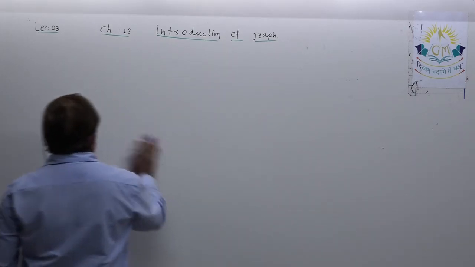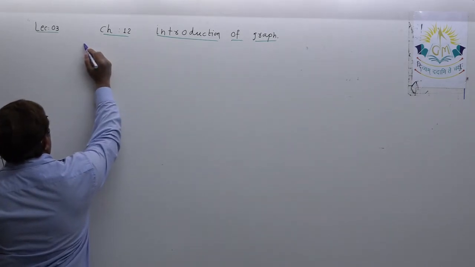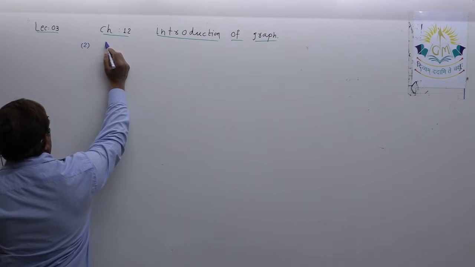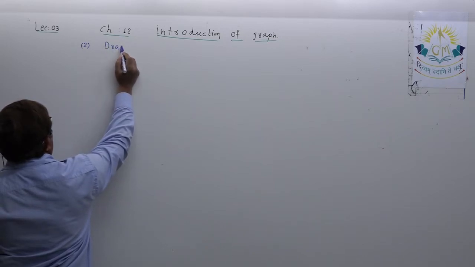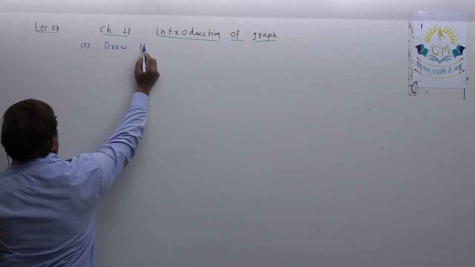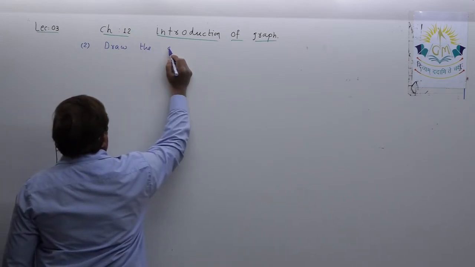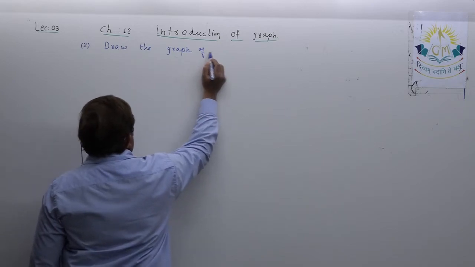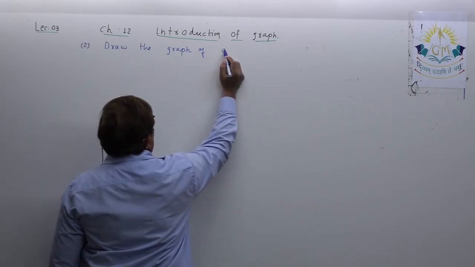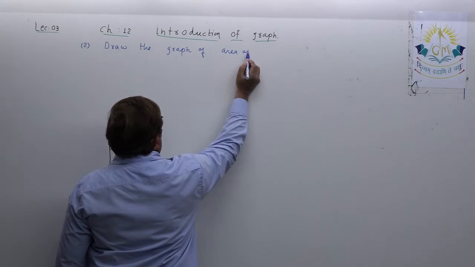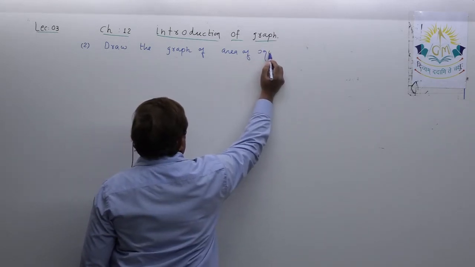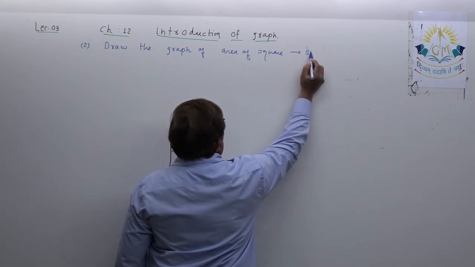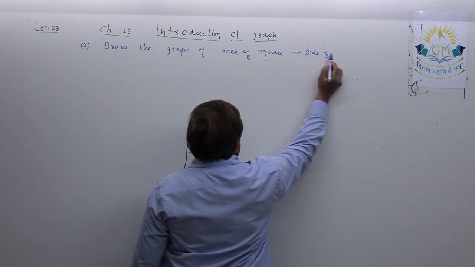Suppose this is question number 2. Draw the graph of, suppose this is the question, area of square versus side of square.